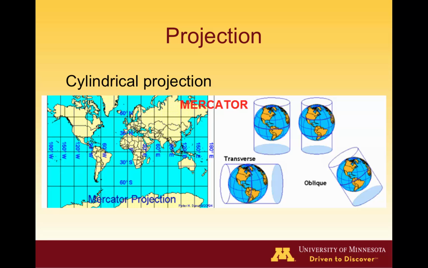The universal transverse Mercator, which we will talk about later, uses this oblique secant cylindrical projection. Basically, the universal transverse Mercator coordinate system tries to get very precise coordinates for every grid on the globe.